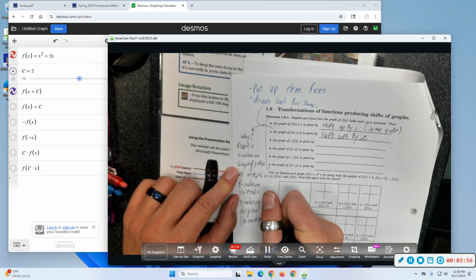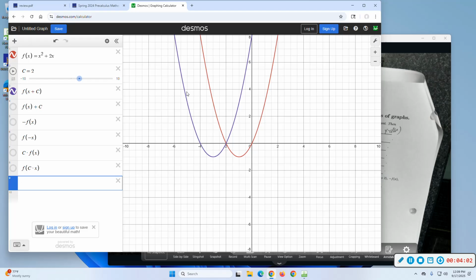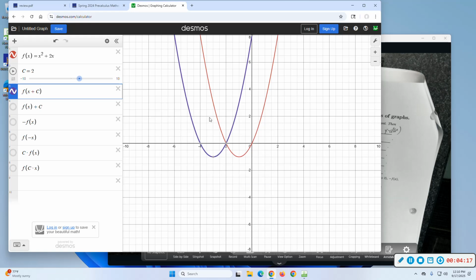So let's see, just pictorially, if that seems the same based on this. So if I want the graph on this thing at, say, x equals -5, -5 shifted to the right is now -3. So this y value should be the same as this thing at x equals -3-ish.